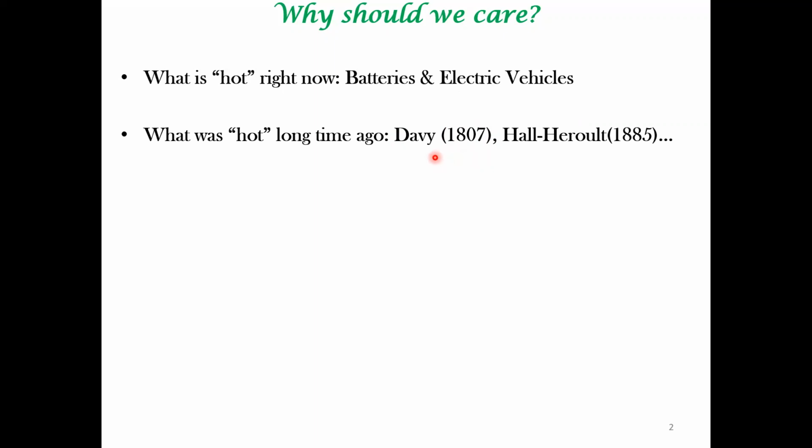This was the time when the applied chemist Humphrey Davy tried to extract very hard to extract metals, metals that cannot be extracted otherwise by other means. So he tried to extract it by electrochemical means. Usually these are alkali metals and so on, like lithium, sodium, potassium.